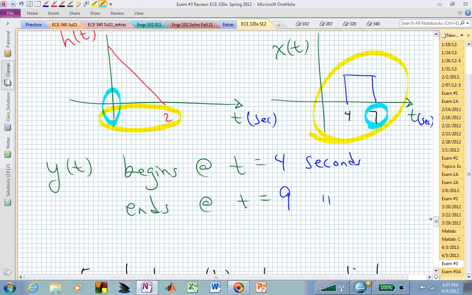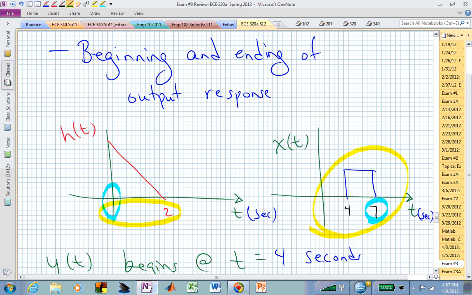Now, if indeed we did hit this system H with this X, is the output Y going to look like X, shape-wise? If I hit the system that has an impulse response that looks like h of t with this waveform x of t, is my y of t going to look like x of t? And if it's not, why not?